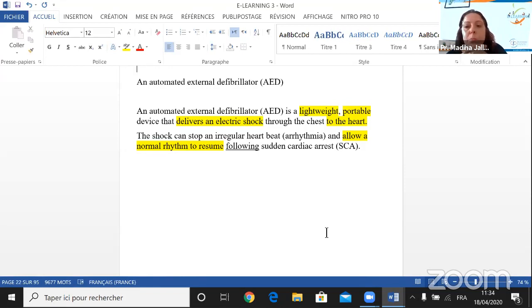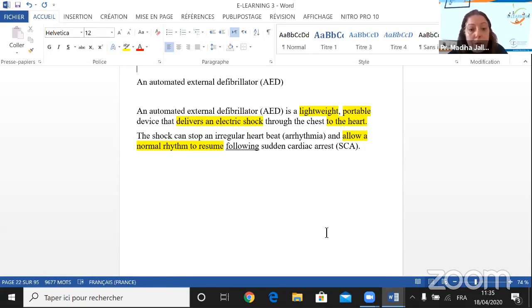To resume means to continue, to start again. Good. To be restored. Okay, so to treat, as you see, the irregular heartbeat or arrhythmia and the sudden cardiac arrest.